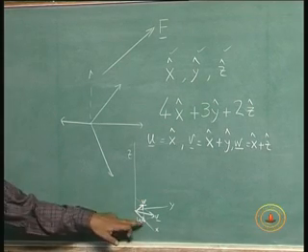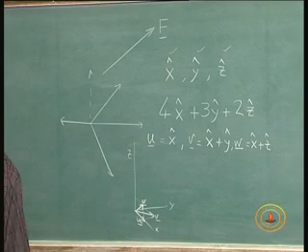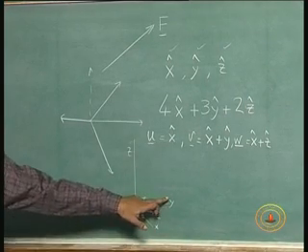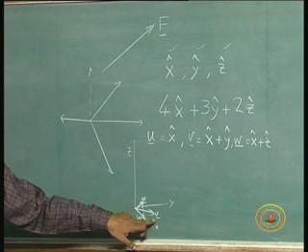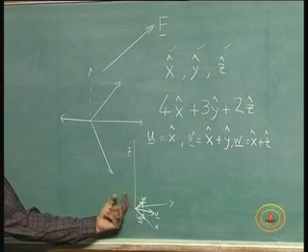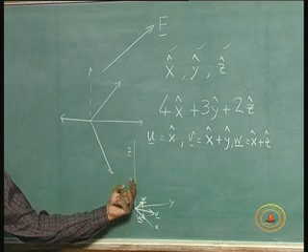So, I have 3 vectors of this type. U is actually along x, V is in the x y plane, it is midway between x and y, and W is midway between x and z, it is in the x z plane.